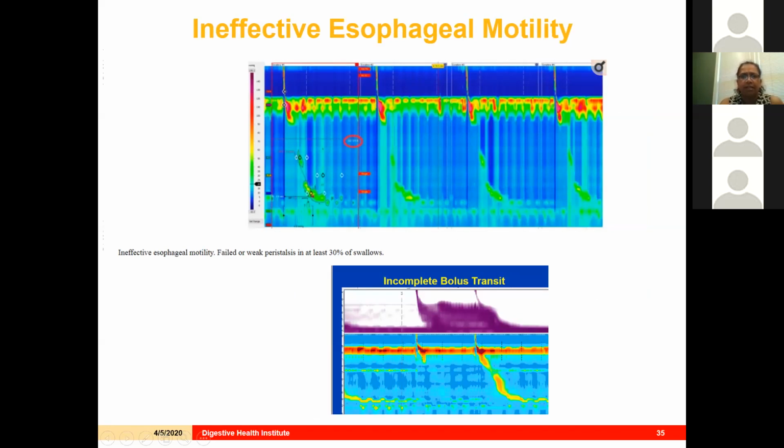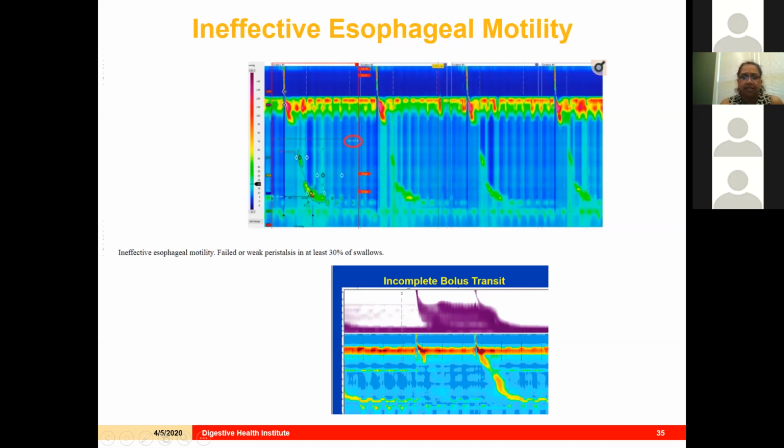One of the things that I think is very interesting about ineffective esophageal motility in this example here, you can see here's a swallow that's not transmitted, and with the impedance, you can see that the bolus doesn't necessarily go through, and then the patient's able to generate a contractile swallow, but then the bolus clears.